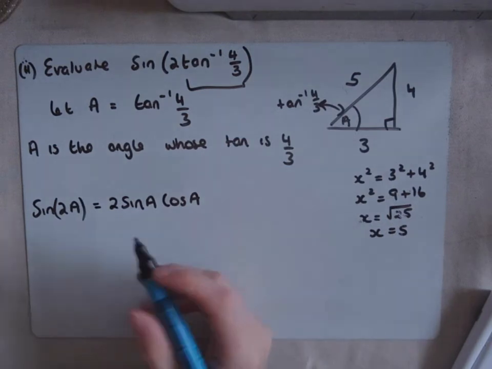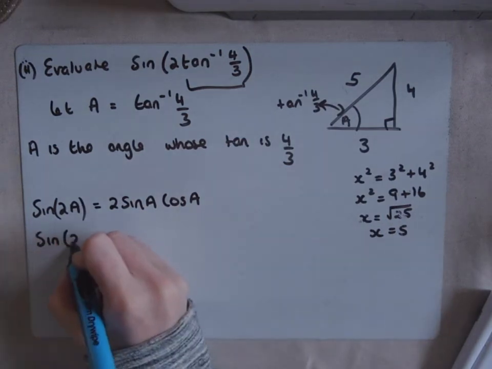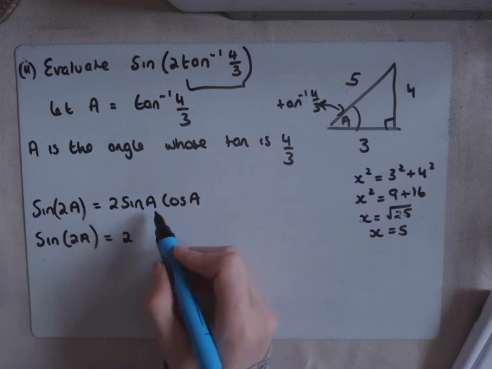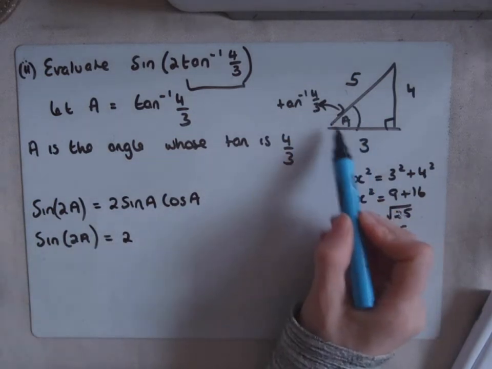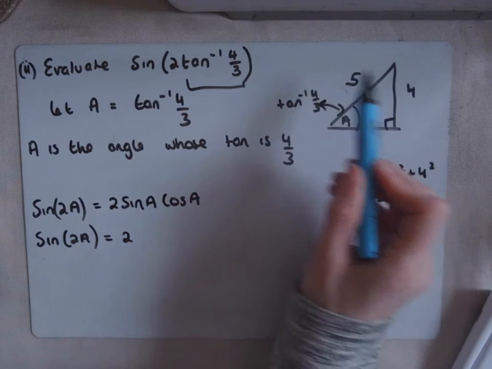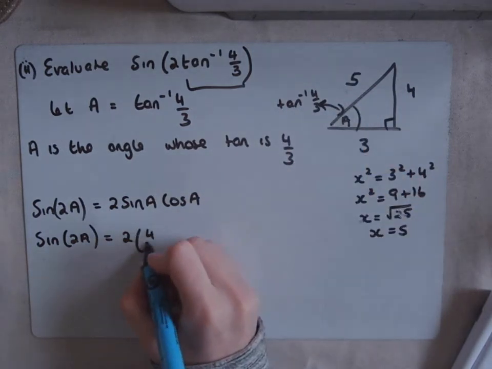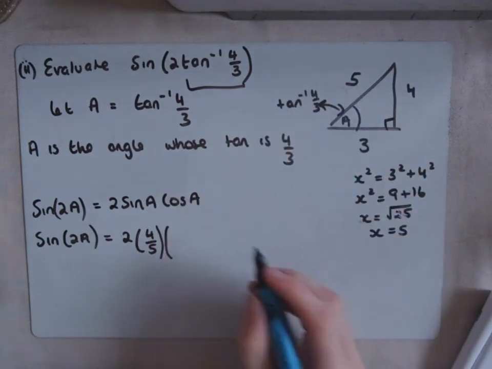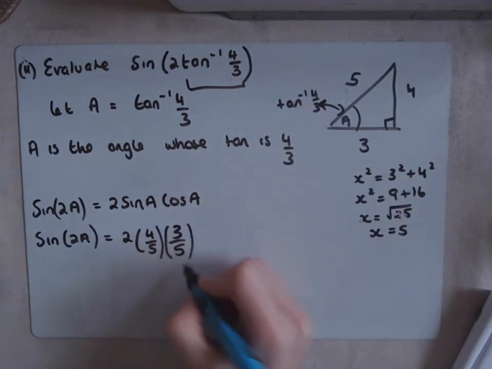Okay? So sine of 2a is 2 times sine of a. Now sine of a is just sine of this angle. Opposite over hypotenuse. So that's 4 over 5. By cos of a, adjacent over hypotenuse, 3 over 5.